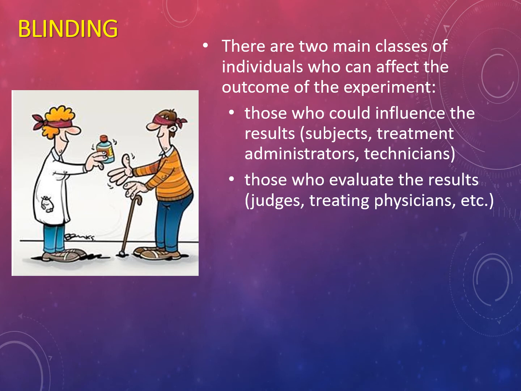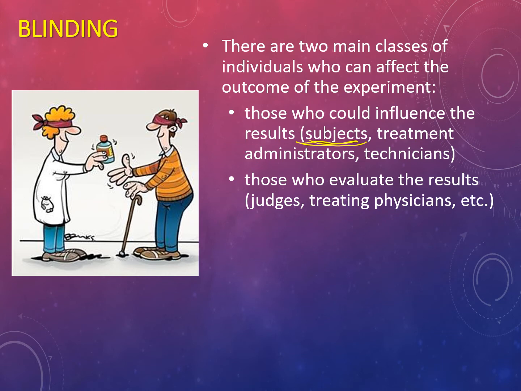Now this is the part that a lot of people get confused about. They get that first-hand side, those who influence the results. What they typically do is recognize the subjects as one group and the treatment administrators and the technicians as the second group. They see those receiving the treatment and those providing the treatment. But that's not it.